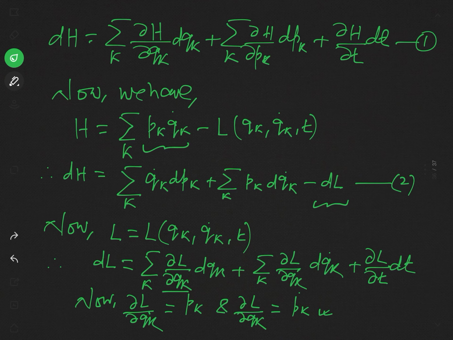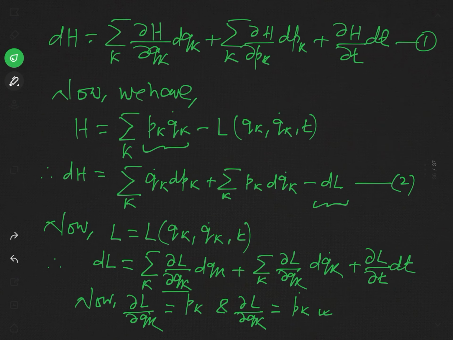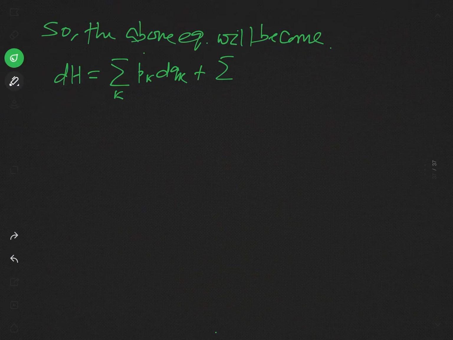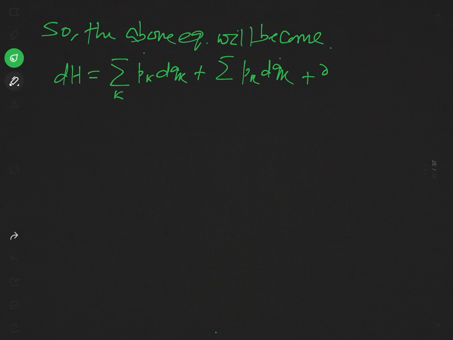So our equation will be pk dot dqk plus pk dqk dot, and the last term is plus del L by del t dt.